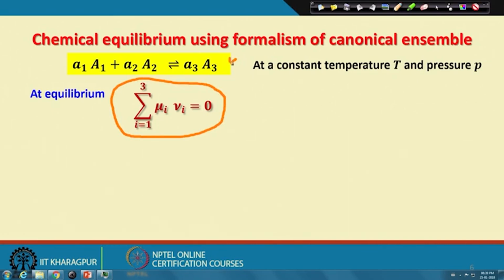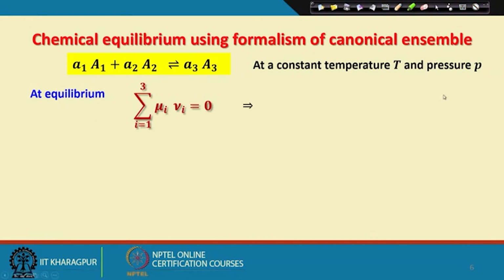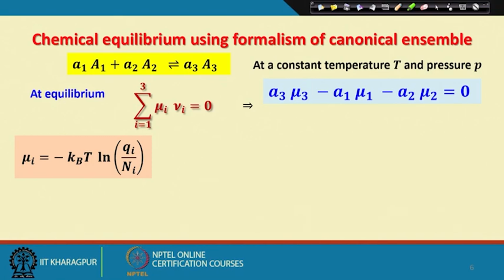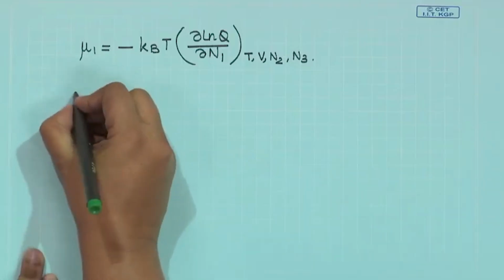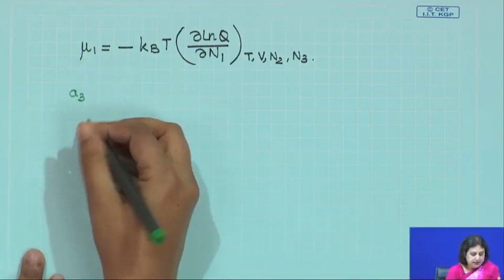So, now we understand that at equilibrium, when a relationship like this is valid, then for this particular chemical reaction equilibrium, we can very easily write that A3 mu 3 minus A1 mu 1 minus A2 mu 2 must be equal to 0. Now, we have already shown that each of the individual mu's are related to minus kT ln Qi by Ni. So, now let us write this particular expression in terms of the individual mu's. Okay. So, what I must have is A3 then mu 3.